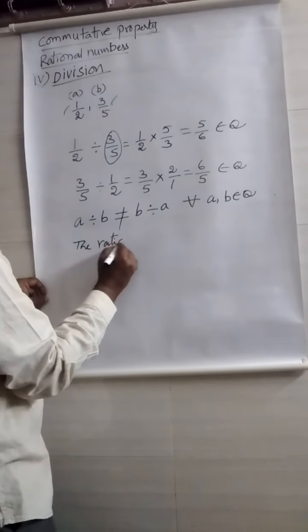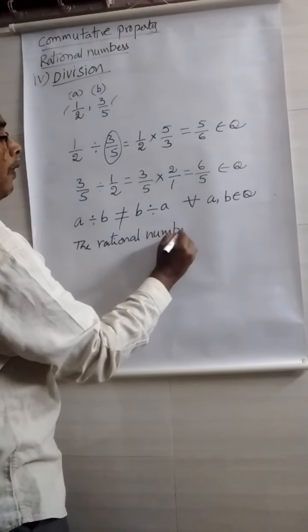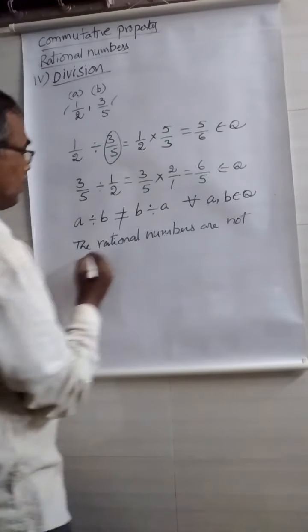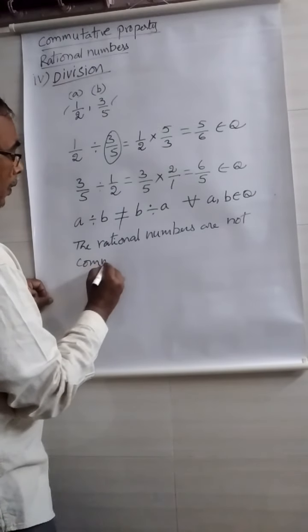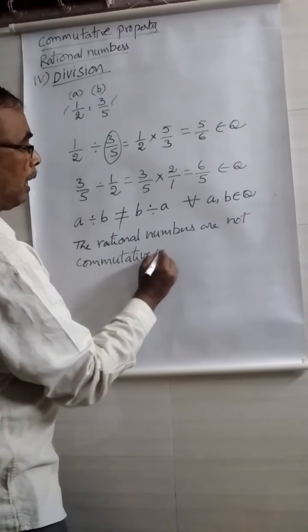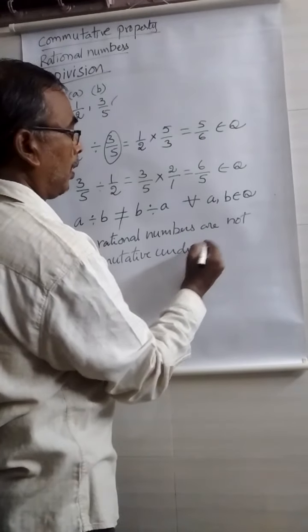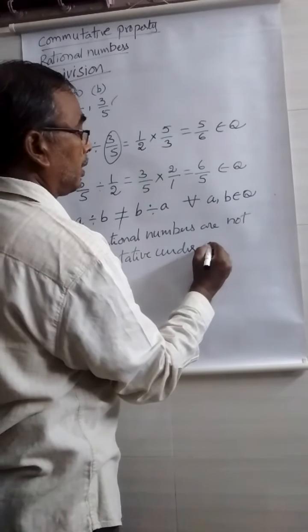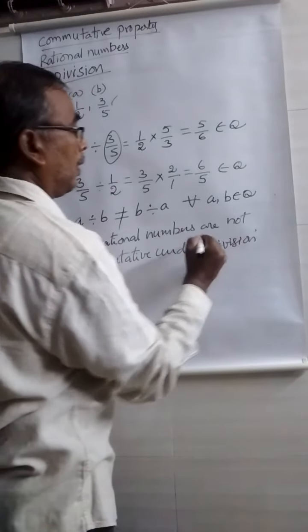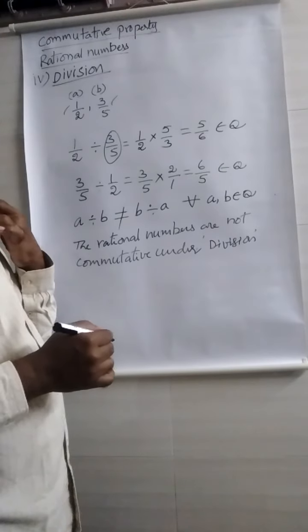The rational numbers are not commutative under division.